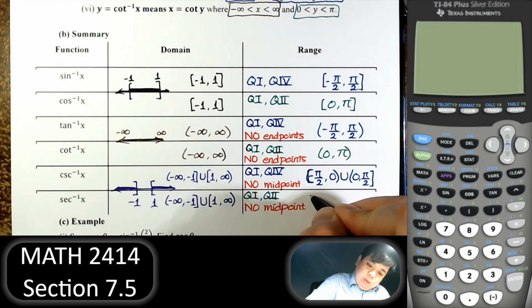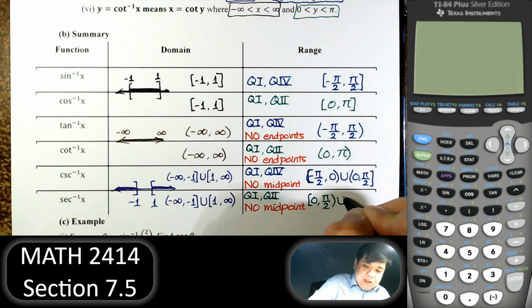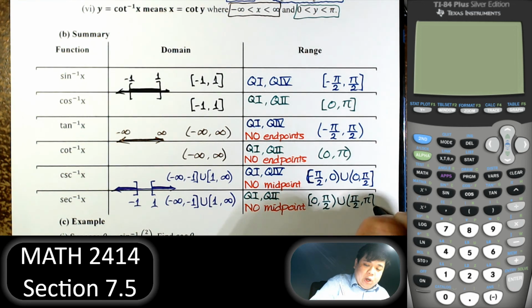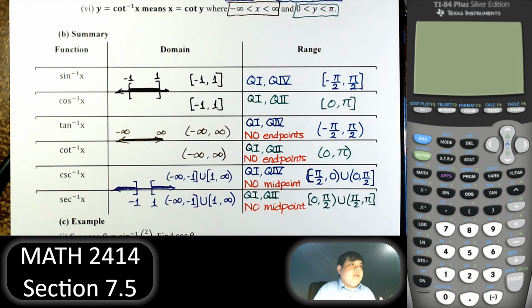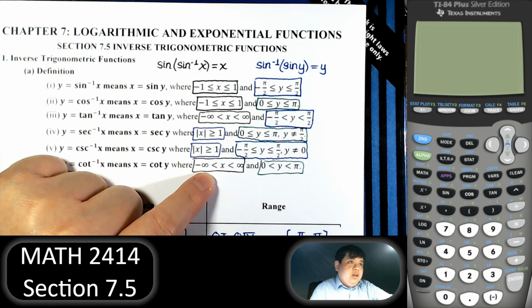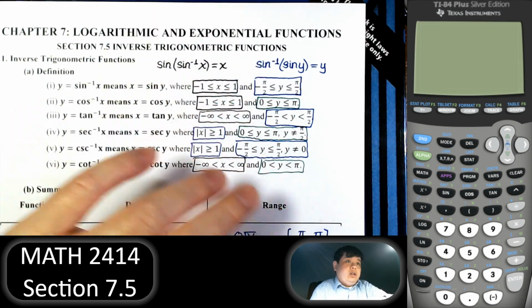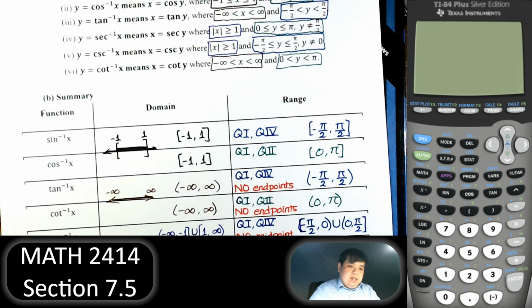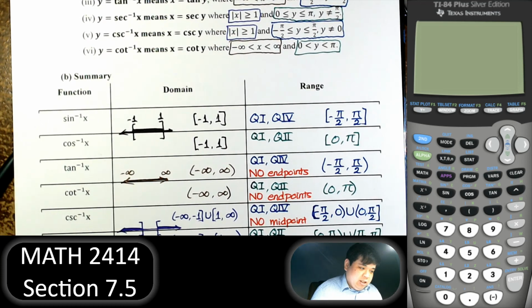So meaning that we go from 0 to the midpoint, but not including it. And then pi over 2 to pi, now including pi. So, like I said, within this interval, the function and the function inverse kind of cancel each other out. Right.